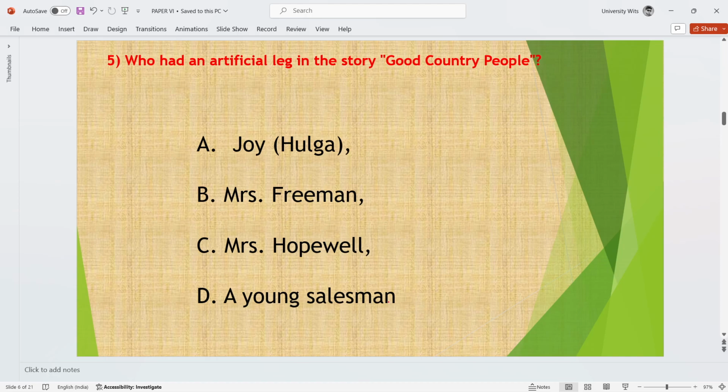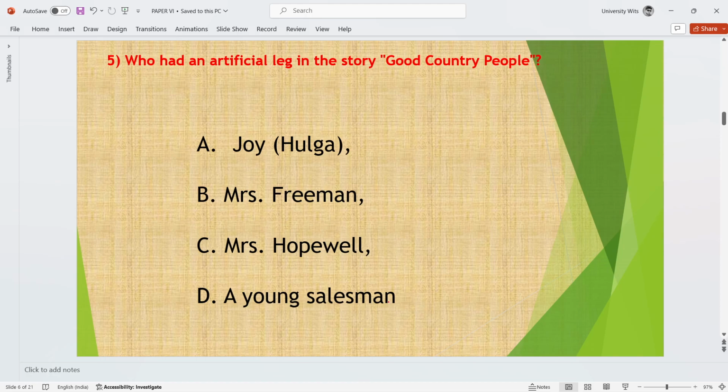Mrs. Freeman, Mrs. Hopewell, the young salesman, as I explained already. These characters are not described as having an artificial leg in the story. Because Mrs. Freeman is the wife of a hired hand on the farm, and Mrs. Hopewell is Joy's mother, Hulga's mother.